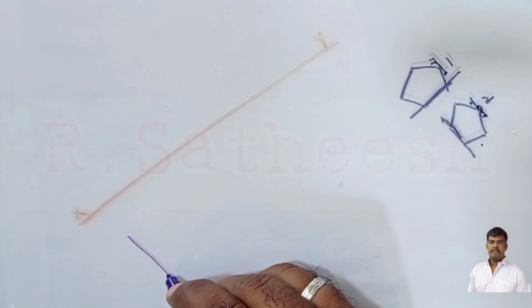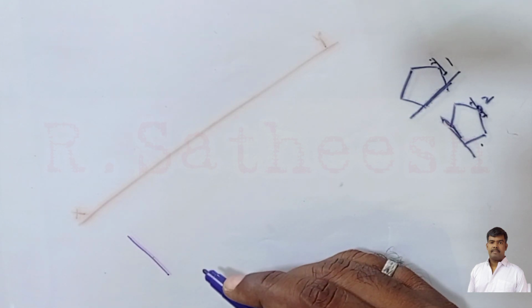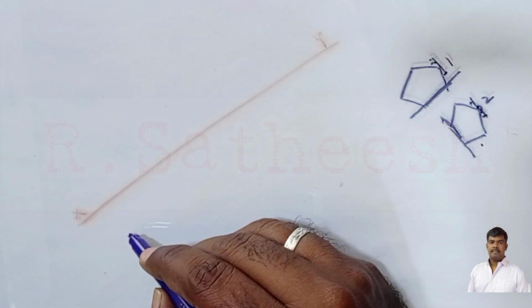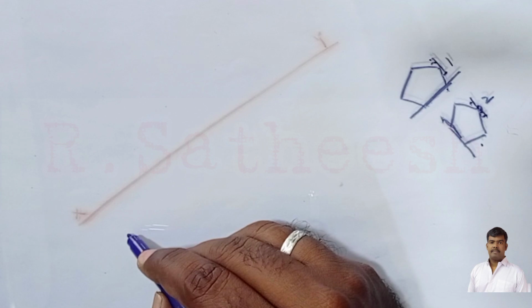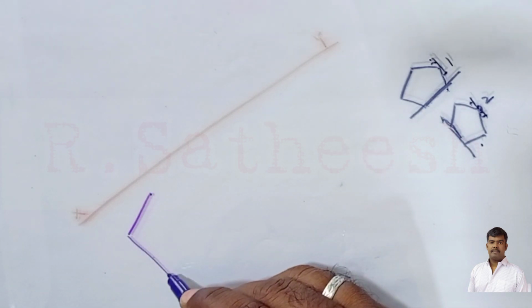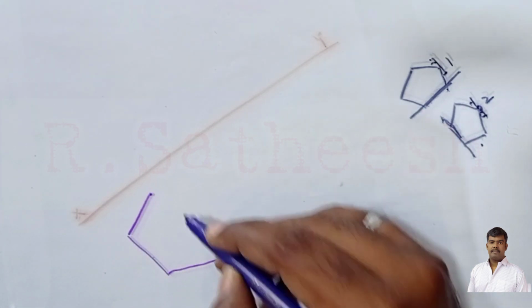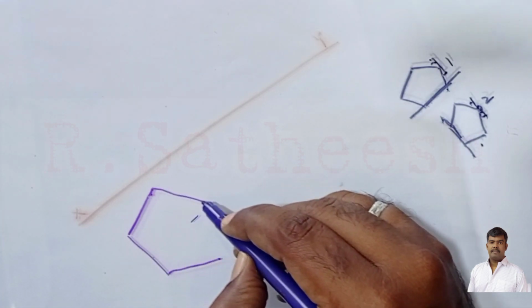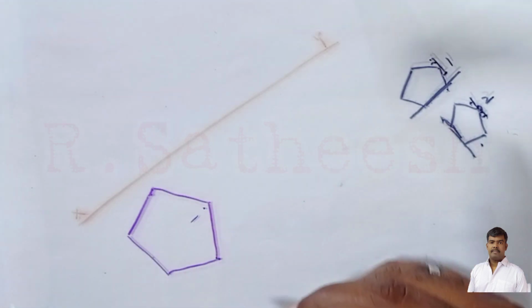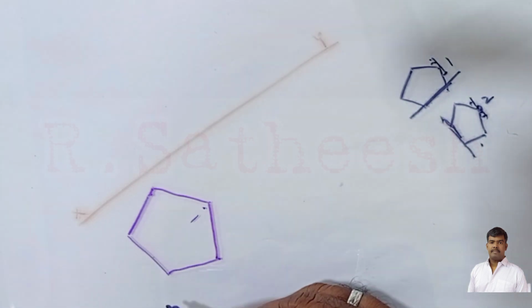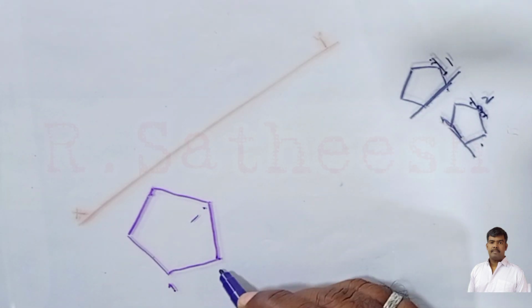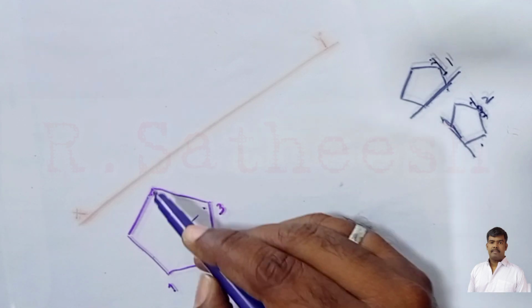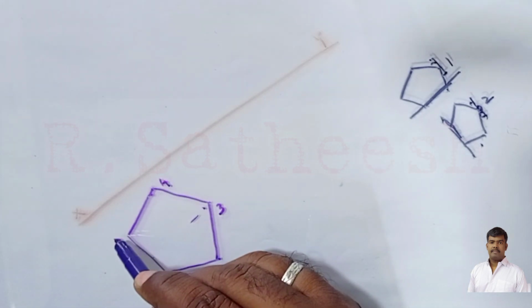The pentagon size is 30 mm side and the axis is 60 long. Here to here is 30; you know how to draw the pentagon. This is 1, 2, 3, 4, 5.